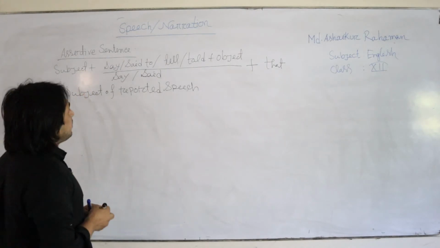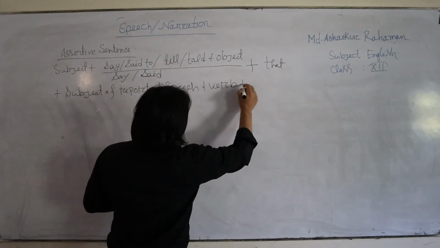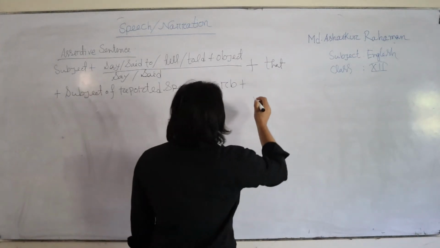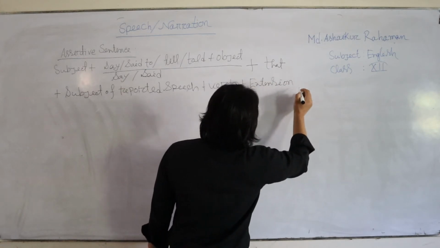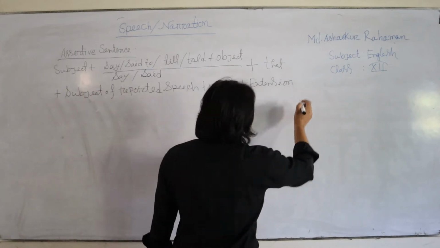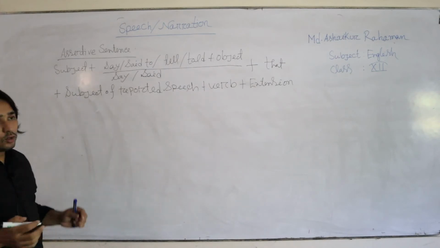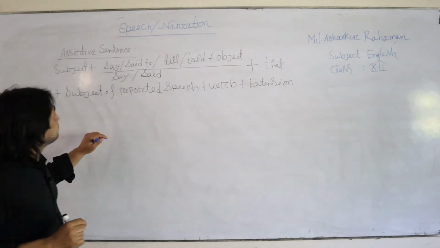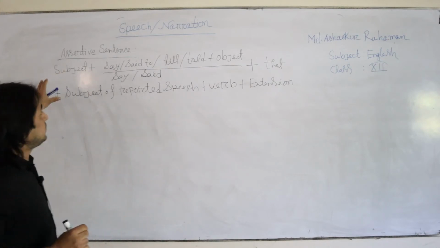So, subject of reported speech, then verb, as per the rule I showed in my previous class, and then extension, or you may say the rest part of the reported speech. So, here you can see, if you want to turn an assertive sentence from direct to indirect, we must follow this rule.